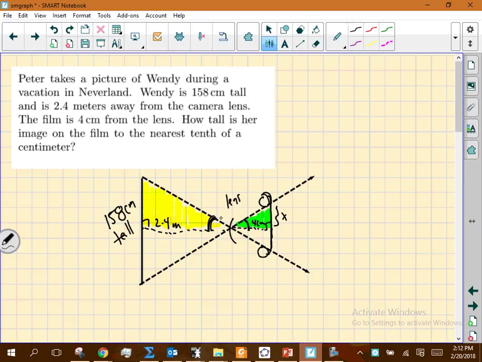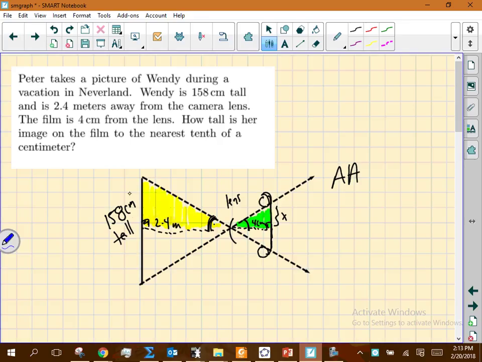We've got a right angle here, here, and here. So what I want to show you is that this whole setup of where this girl is and how her image is placed on the film inside the camera is due to similarity. We can then use these similar triangles to know how big she is on the film.